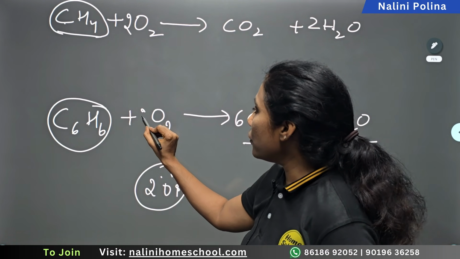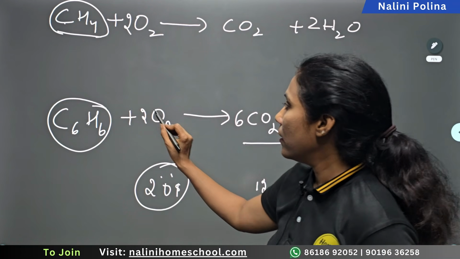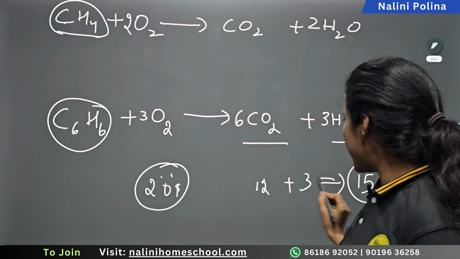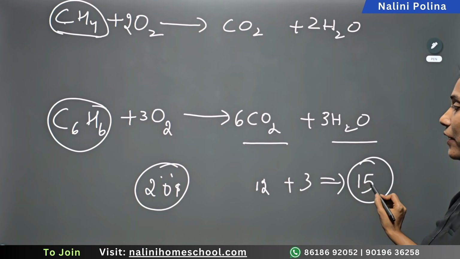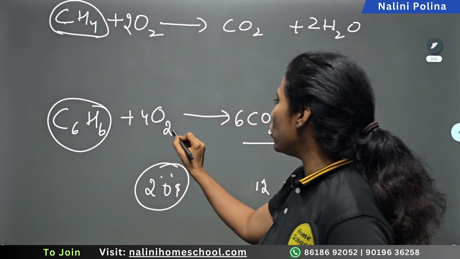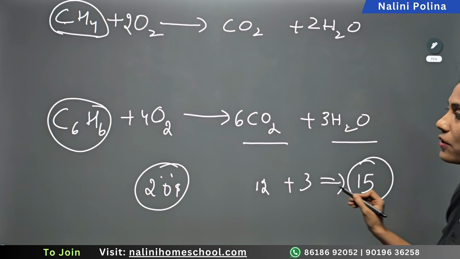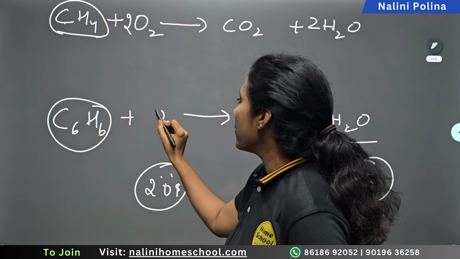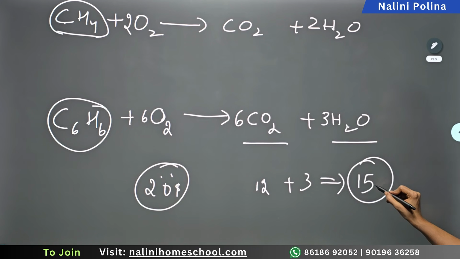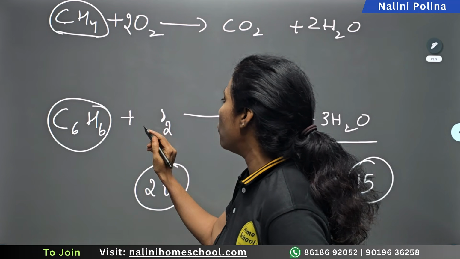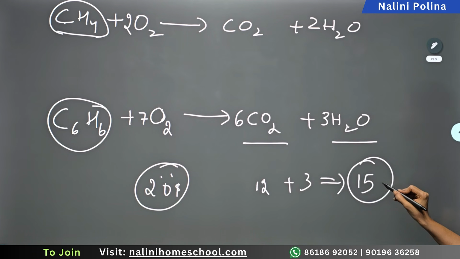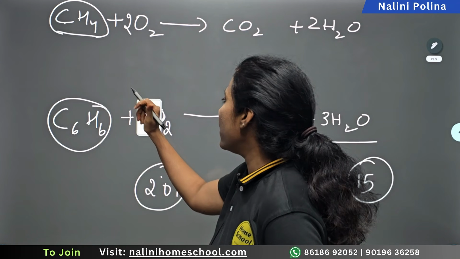If you put number 2, you will get 2 2s are 4. If you put number 3, 3 2s are 6. But you want 15, so 3 will not work out. If you put 4, 4 2s are 8, so 4 also will not work out. What about 6? 6 2s are 12, but you want 15. 7 2s are 14, and 7 also will not work out.